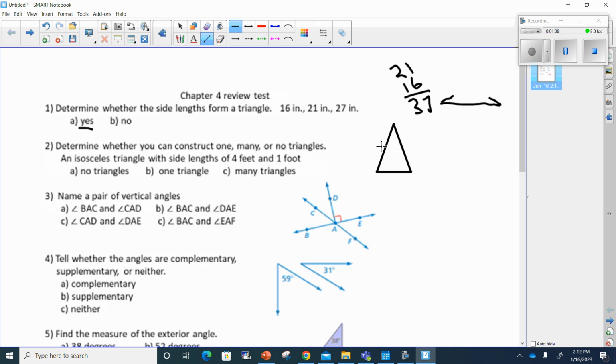So we know that if we had these two at 1 feet, they would not touch each other, right? If this was 4 feet and each of these were 1 feet, there's no way to make another triangle there. So there has to be 1 feet and 4 feet on both of these.